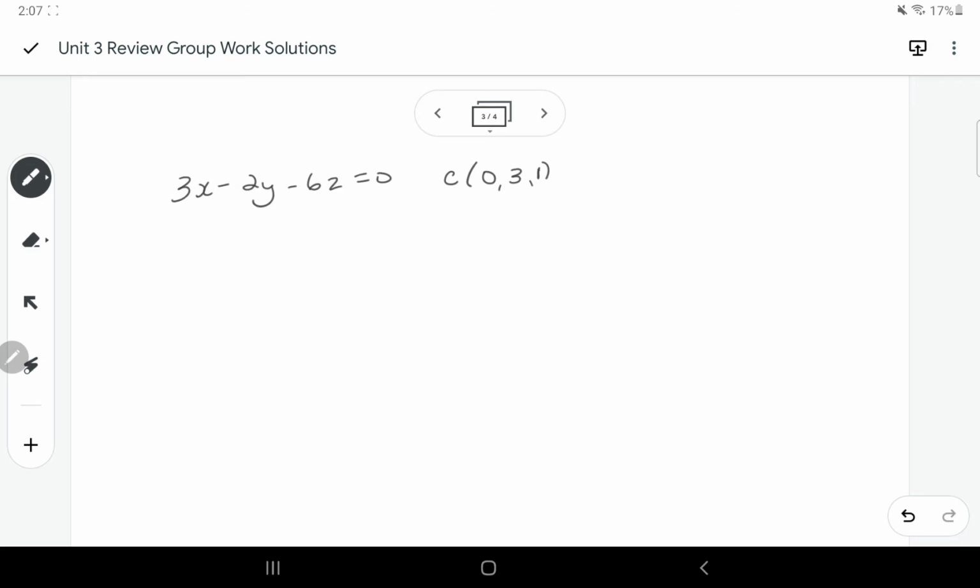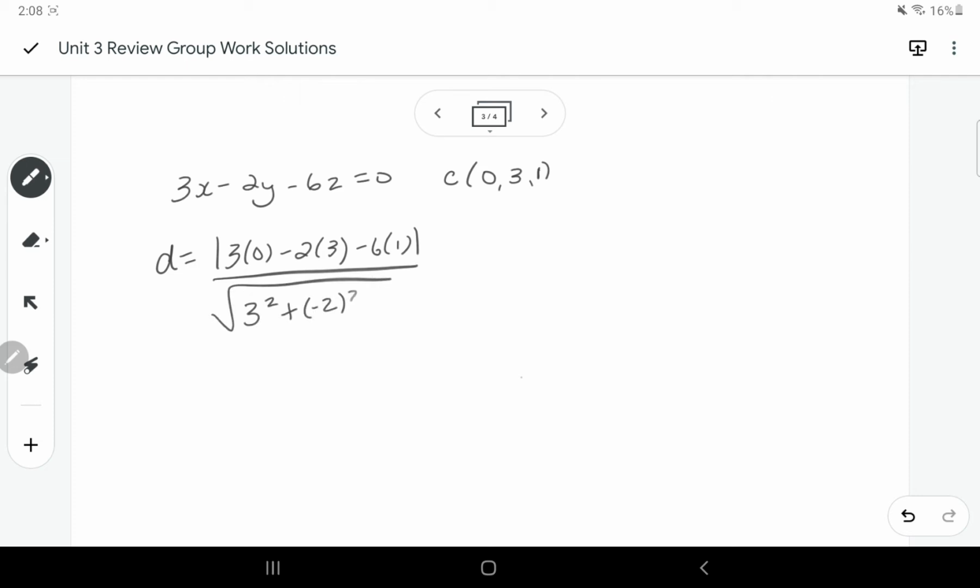So if we were to find the distance from our point to our plane, that's the absolute value of what happens when we sub these x, y, z pieces into the Cartesian equation of the plane. So it's 3 times 0 minus 2 times 3 minus 6 times 1 over the magnitude of the normal. So it's 3 squared plus negative 2 squared plus negative 6 squared.